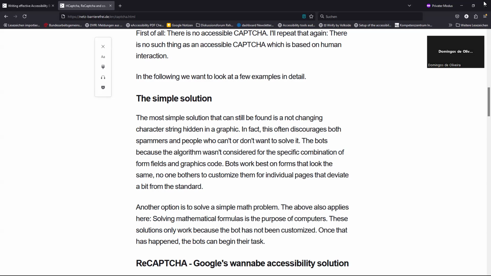And the problem is, blind people cannot read it, or they usually don't see it anyway. For visually impaired people, it is hard to read them, when it is possible at all. And for people with intellectual disabilities, it also can be hard to solve these CAPTCHAs.